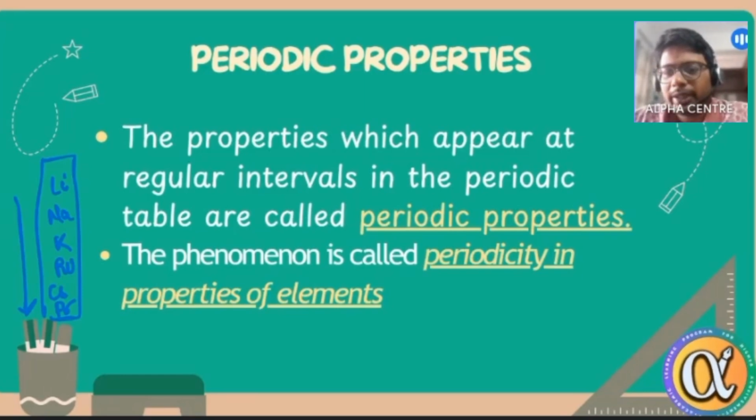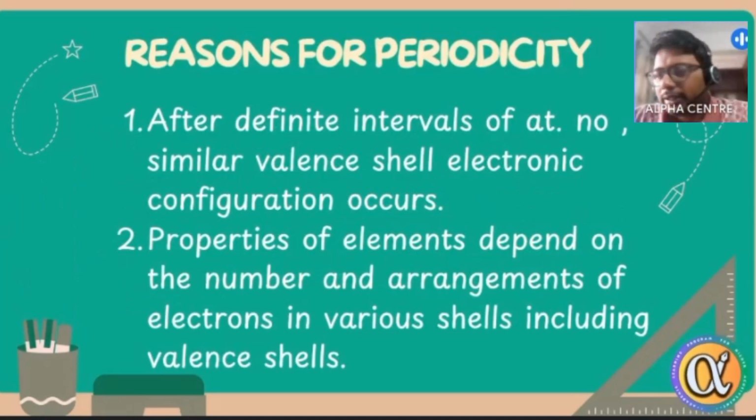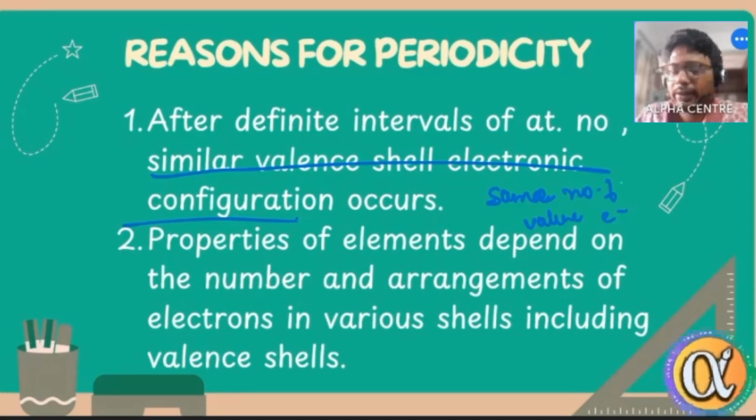Why is there periodicity in the periodic table? After a definite interval of atomic number, you find similar valence shell electronic configuration. After a regular interval, all the elements which lie in the same group have similar valence electronic configuration, meaning they have the same number of valence electrons.